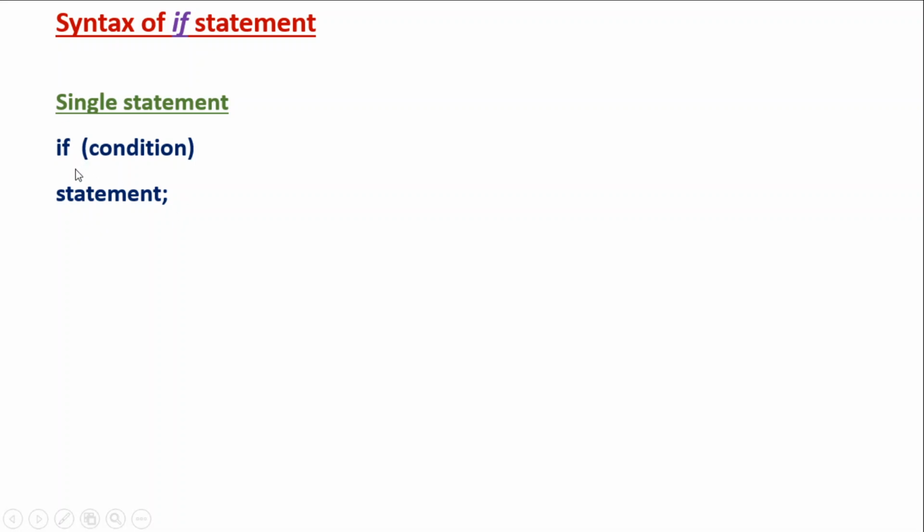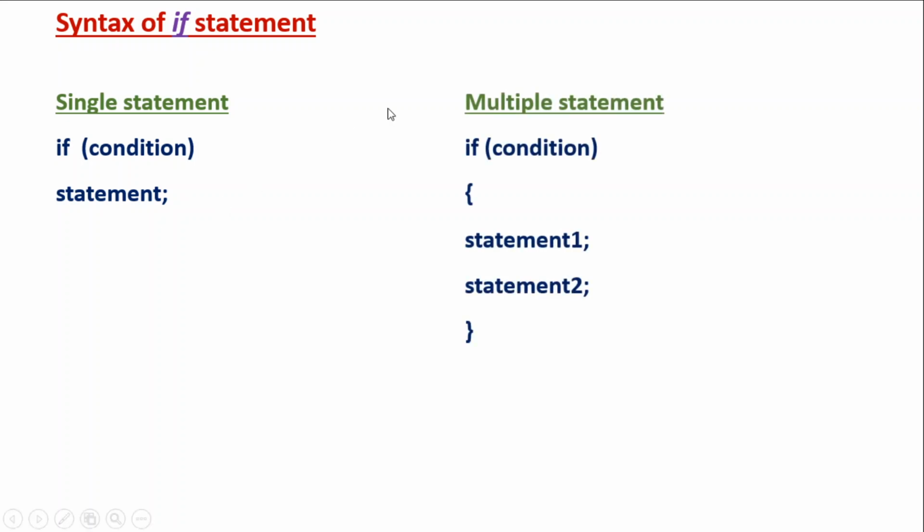You don't have to open and close braces if you have a single statement only. Now suppose you have multiple statements, then you write the same if along with the condition, then open the braces, then write as many statements as you want. It need not be two statements, it can be any number of statements, and then you close the braces. So this is the syntax of the if statement.